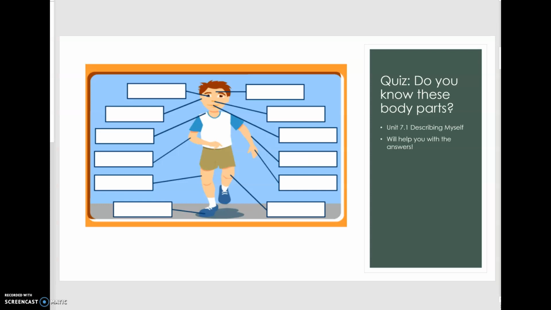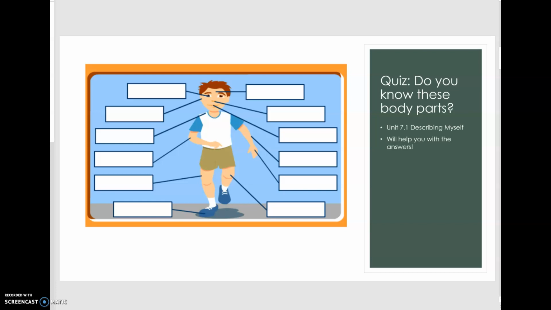So to begin with, we have a few little revision quizzes for you. In the Describing People project, minasan, there is a worksheet. So you can do this activity on the worksheet. This is just a quick quiz here on this clip to see how you go and see what body parts you know.